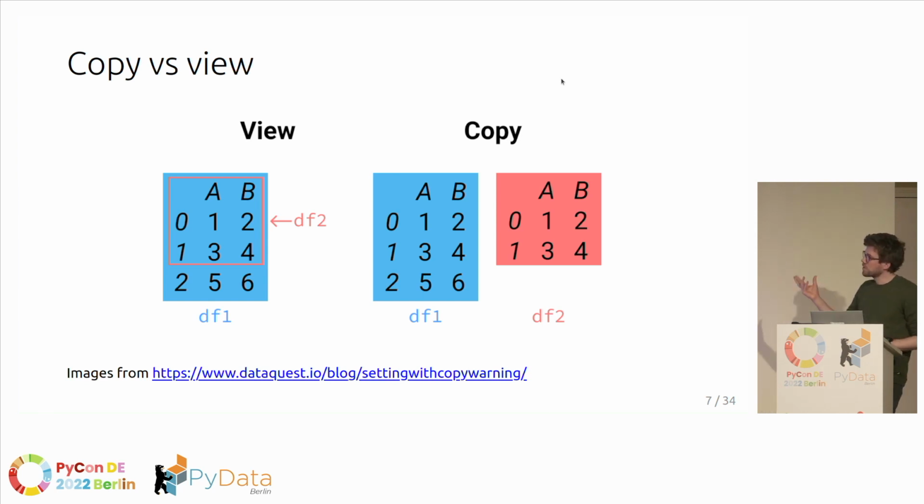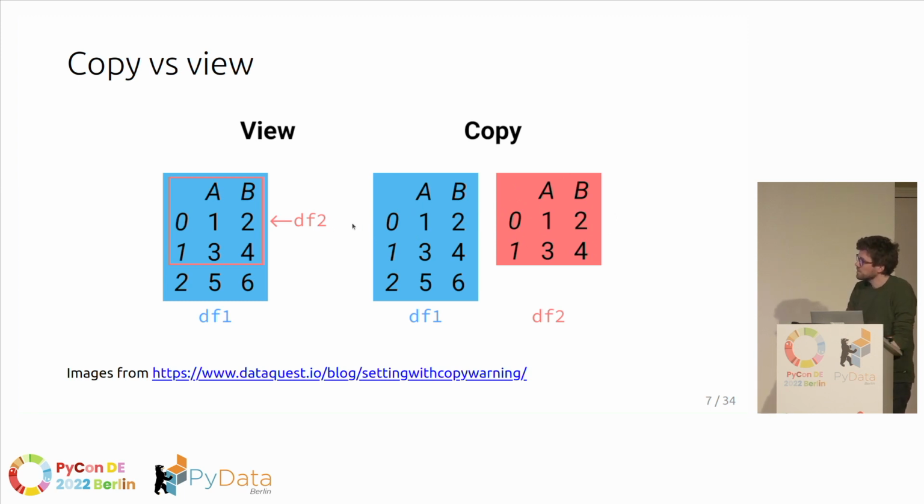You have a certain DataFrame, and you derive a second DataFrame from it, for example, with an indexing operation. So it's shown here. You have a second DataFrame. And the second DataFrame can either be a view, which means that the data of df2 in this case is actually still sharing the data with the original DataFrame. Or it can be completely new data, so the data is copied.